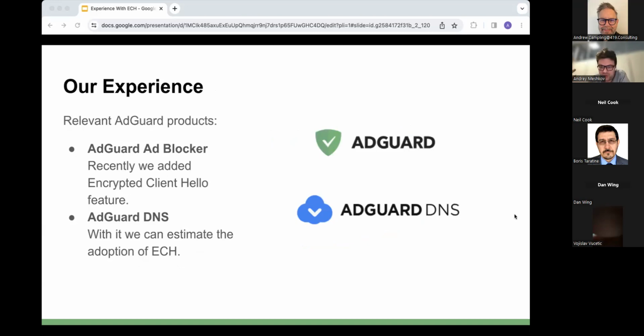So the important point here is that AdGuard filters all the devices' network traffic. And the second product that is important here is our public DNS resolver. And using its data, we can estimate the adoption of ECH at the moment and how it progresses.